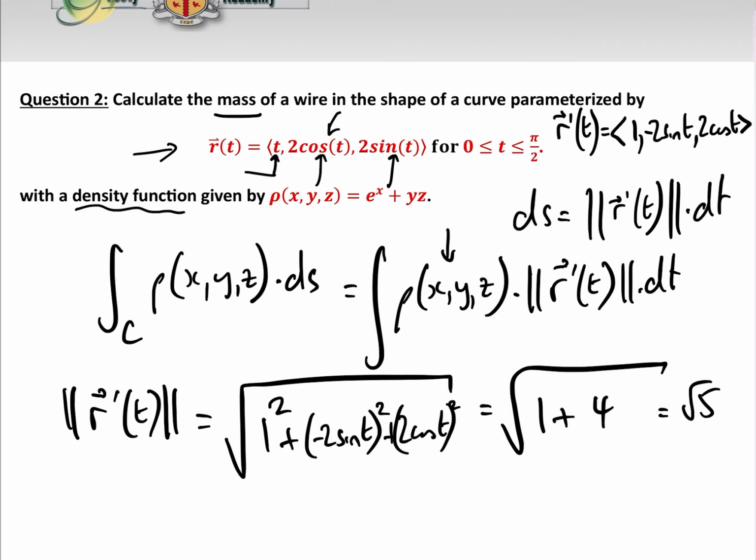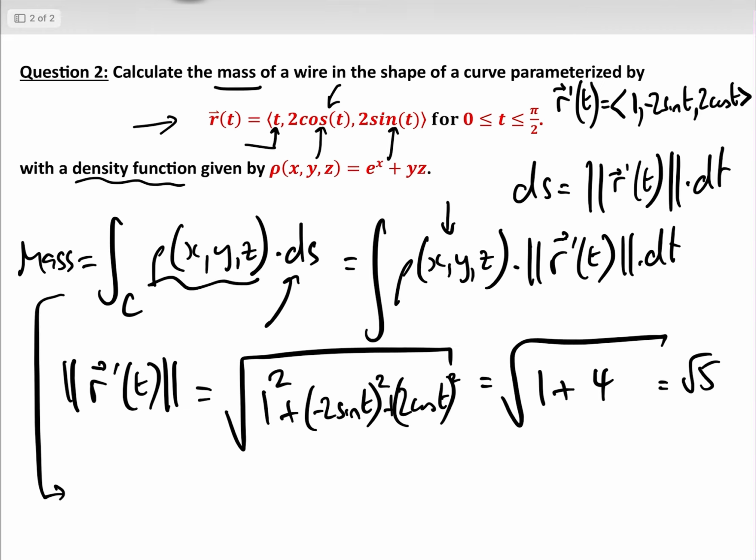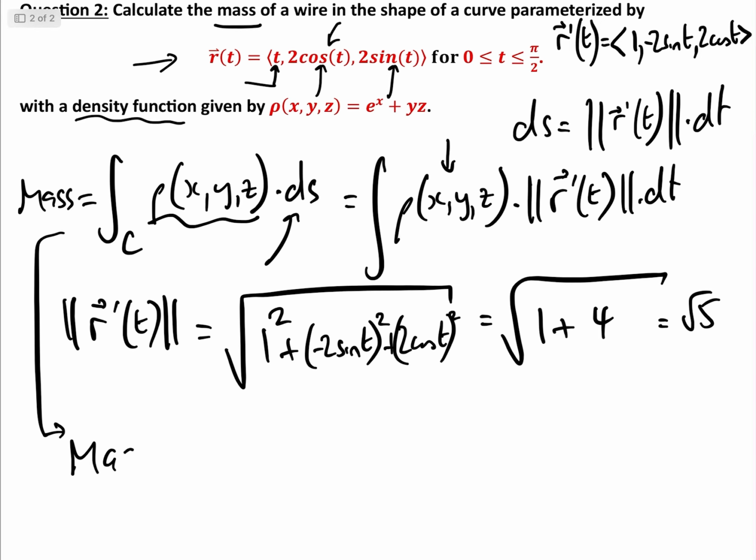Often you will find you get sine squared add cos squared. So therefore, going on to the mass, which is the density times ds. Here, the mass is equal to the integral over the curve between the parameters t equals 0 and t equals pi over 2 of rho of x, y, and z. Well, now we need to put our parameterization into e to the x add yz.